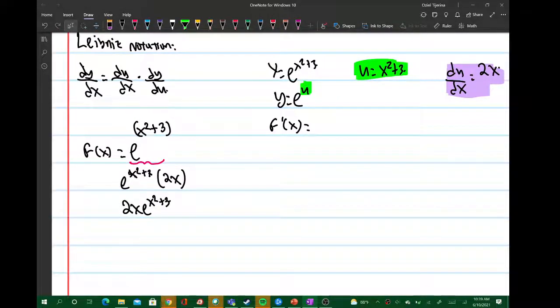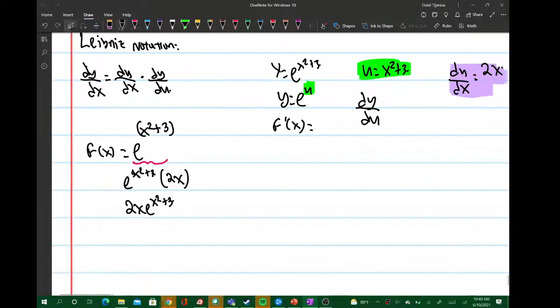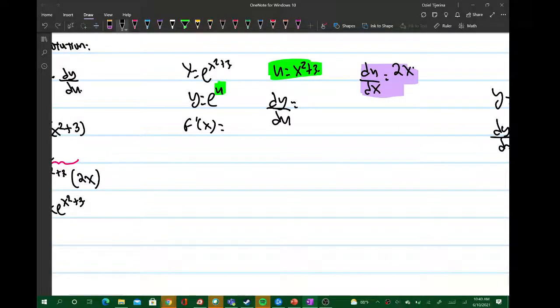Then we're going to say that dy du is going to be equal to e to the u, because remember, the derivative of e to the x is just e to the x, right? So dy du is just e to the u.